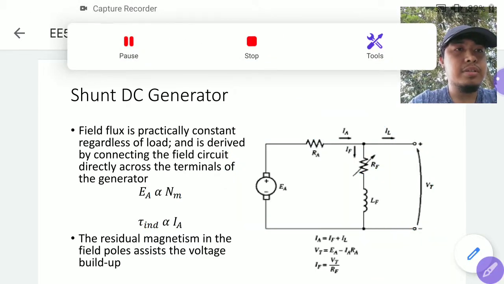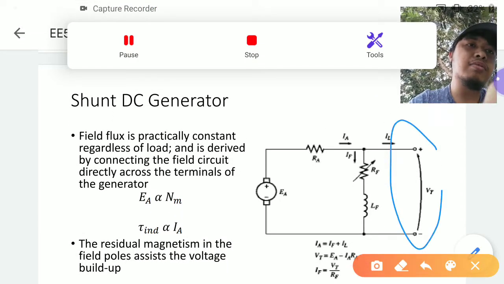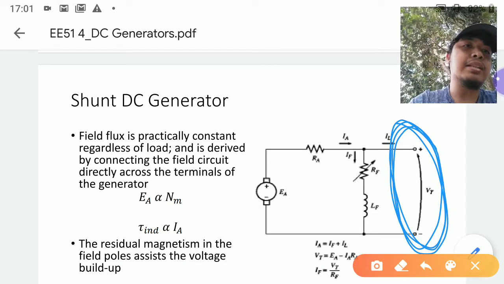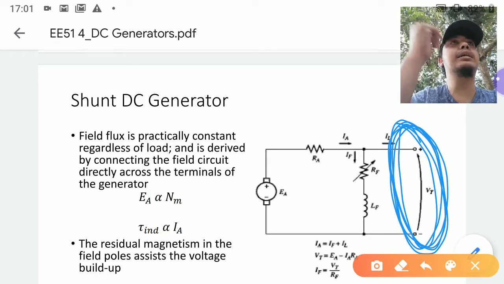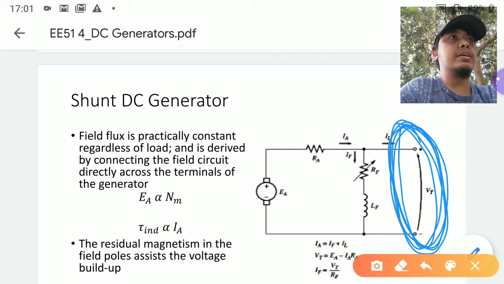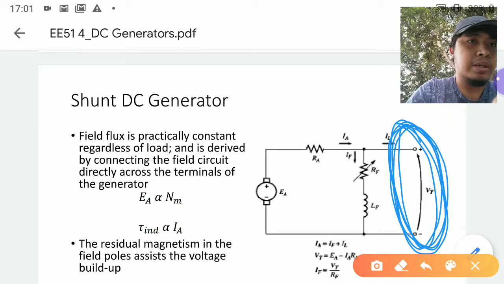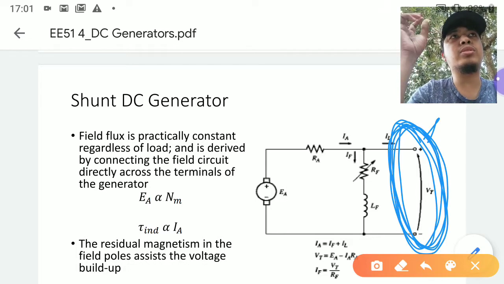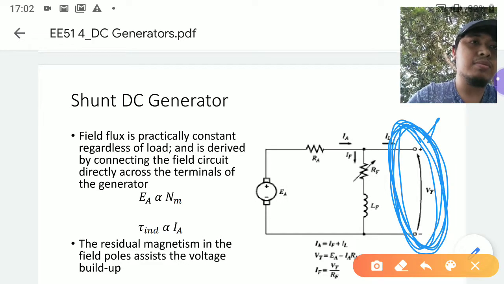However, you want to have a constant voltage for a generator, and because of that, you want to have a good voltage regulation. So at least if there is a variation in the voltages at different loadings, you want that variation to be very, very small, such that you may want to make this terminal voltage constant.